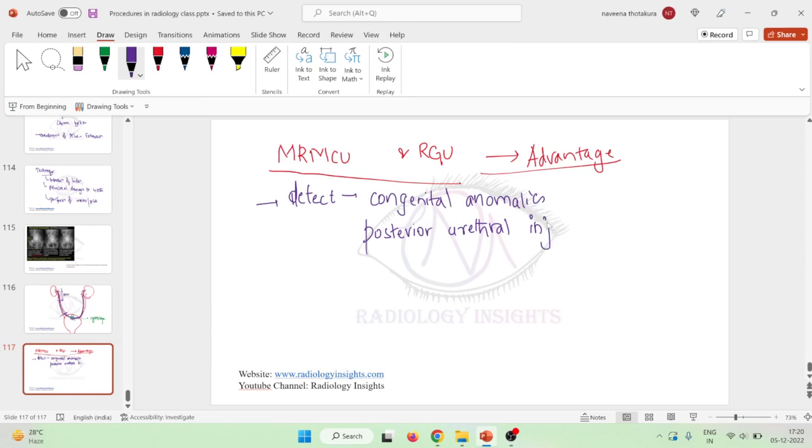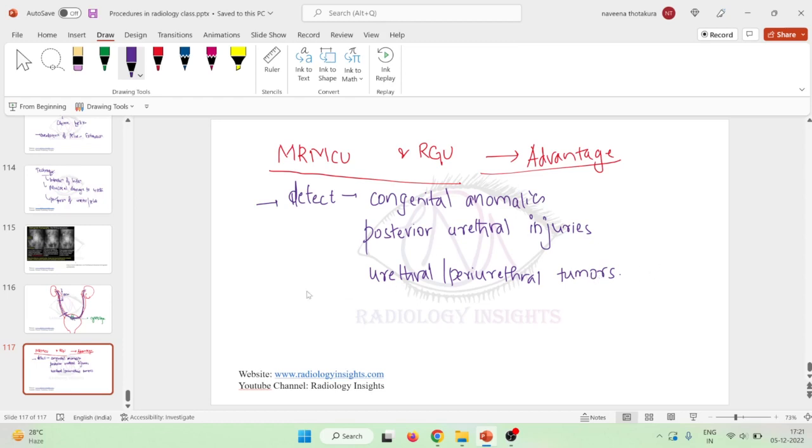In those conditions, you can use this MRMCU and RGU for diagnosis. Similarly, if the patient has any urethral or periurethral tumors, those arising from the urethra or around it, we can do this micturating cysto-urethrography or retrograde urography.